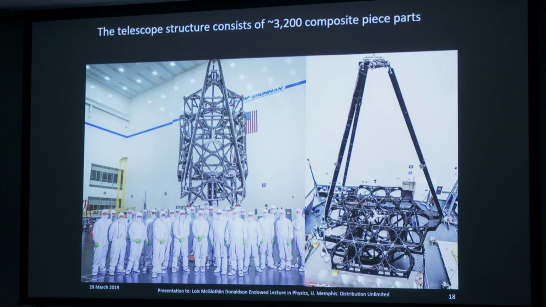The structure that holds the mirrors was also a big technology challenge. If we tried to make the structure out of aluminum, the JWST would be much too heavy to launch.